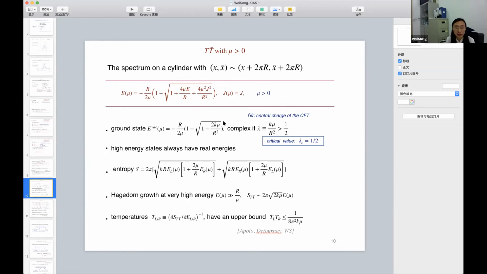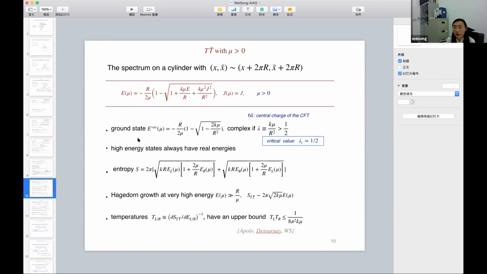We see that the spectrum will not become complex at higher temperature, it is still real, except that it has Hagedorn behavior. On the other hand, it might become problematic at a very low temperature, at a very low energy, namely the background.